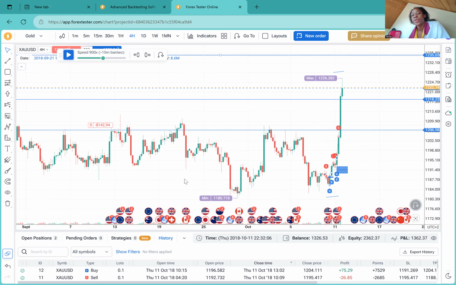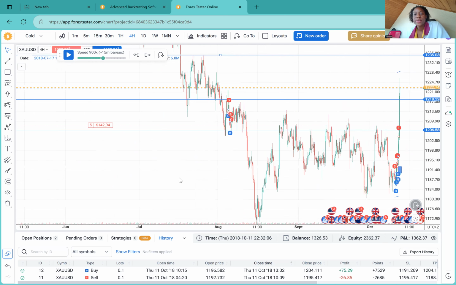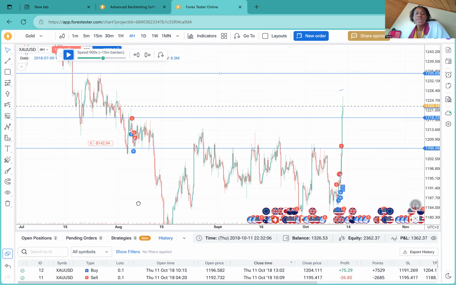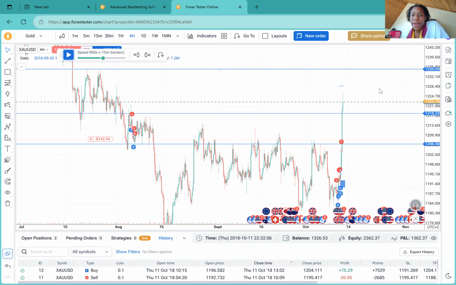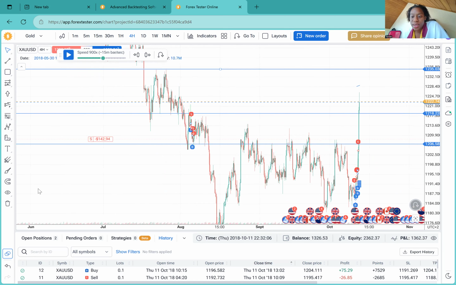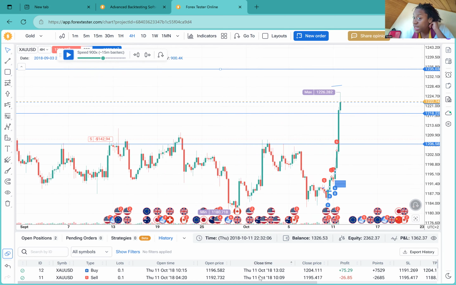Again, if we zoom back, we'll see that price has been ranging for quite some time, and it has just broken out of the range. With experience, I can tell that there's a lot of liquidity here. So the first thing price is going to do is come down to fill up this liquidity.